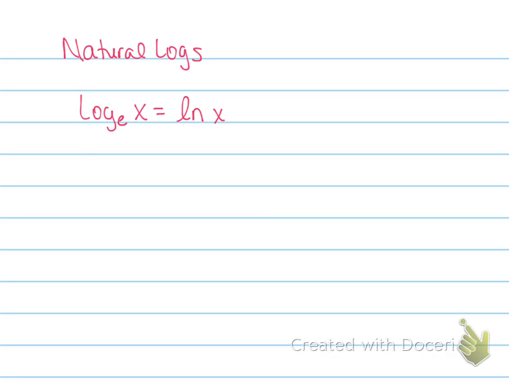And so anytime you see ln of x, you know that really there's a little base e there. The same idea applies: if the natural log of x is equal to y, then e to the y has to equal x, because we know our little base is an e right there.